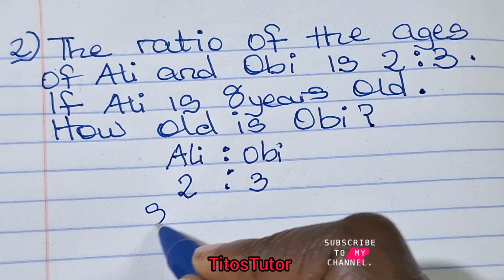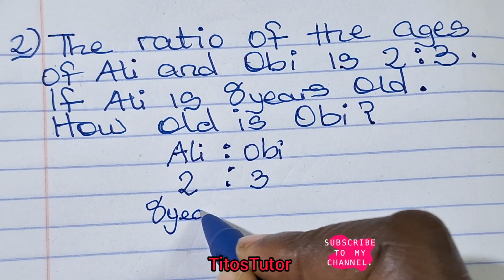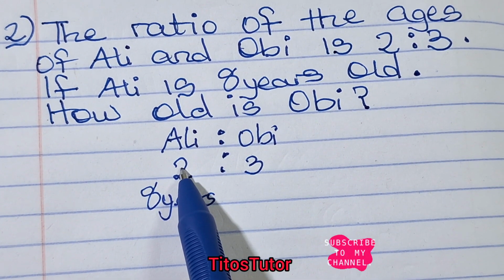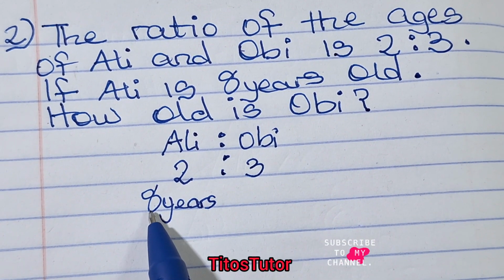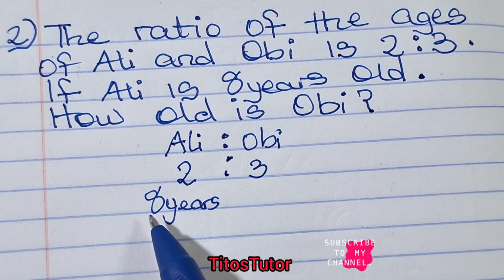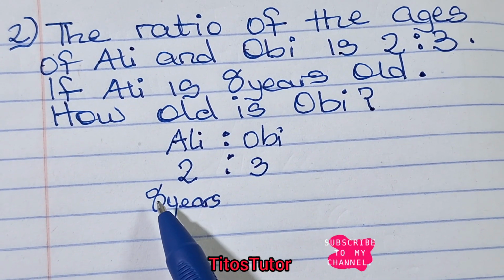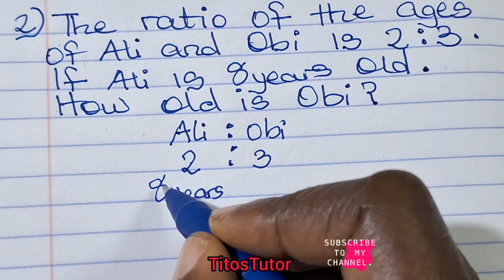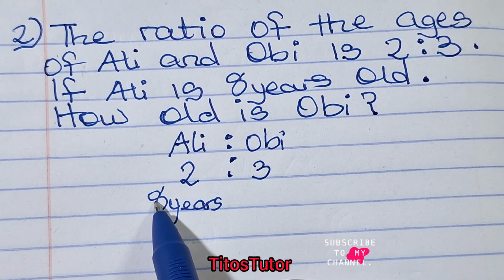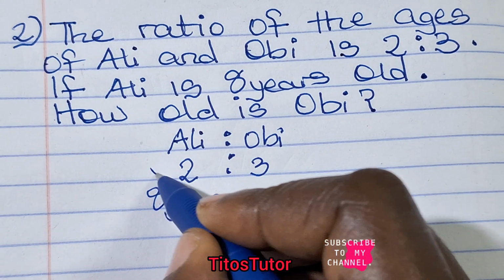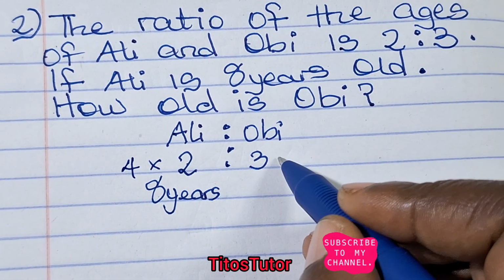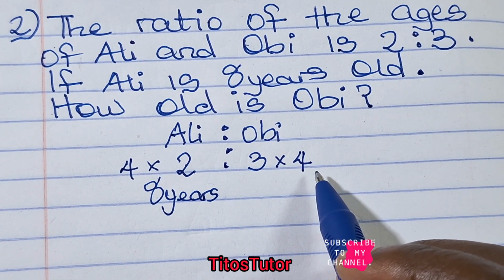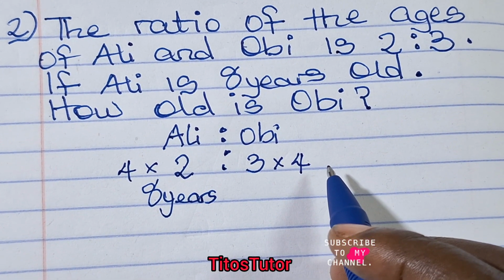Ali is 8 years old. You tell yourself, what did I do to 2 to make it 8? 8 is bigger, so that means I multiplied the number. Multiplication increases your values. Okay, so what do I multiply by 2 to give me 8? Definitely 4. So I'm going to multiply that with Obi's age so it can be equal ratio.